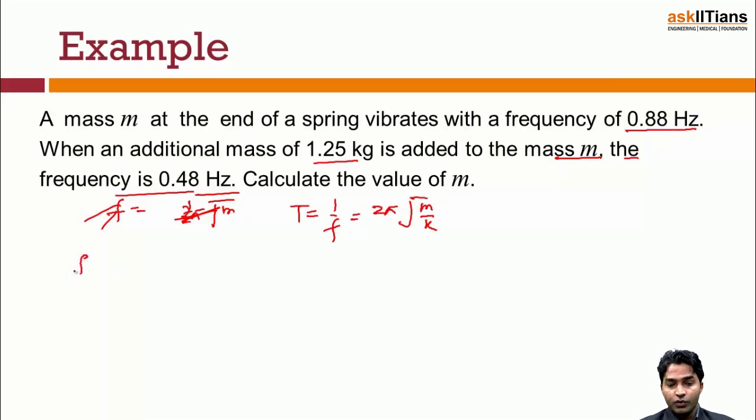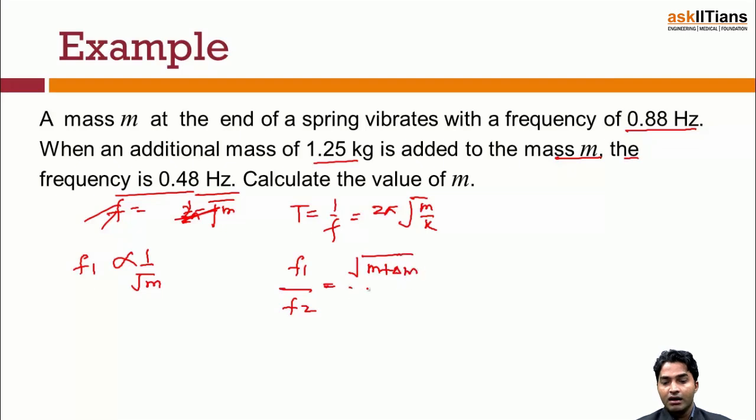So we get that frequency is inversely proportional to under root of mass m. For the two cases we will calculate. So f1 upon f2 is equal to under root of m plus delta m upon under root of m. On substituting the values, 0.88 upon f2 should be equal to under root of m plus delta m upon under root of m. The frequency is given, and we have to find the value of mass m.